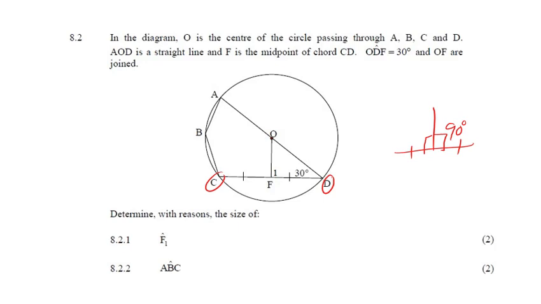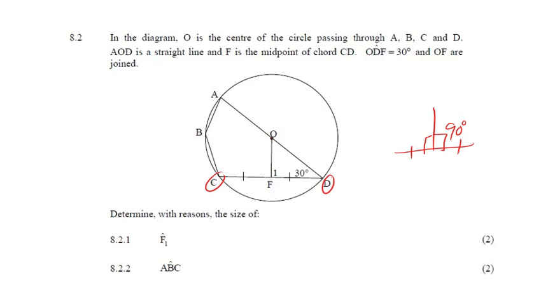You can have two reasons on this one, like the one that I wrote now: line bisecting a chord, or you can say the line from the center is perpendicular to the chord. Your chord is CD. So if the line from the center is perpendicular to the chord, the angles are equal to 90.